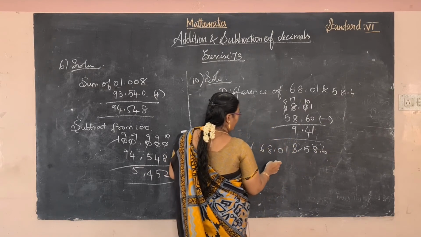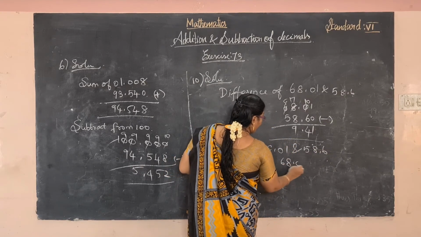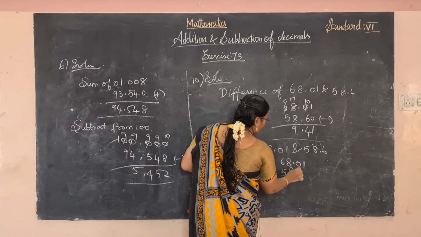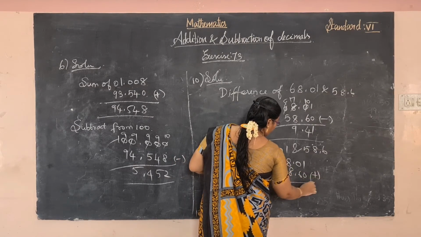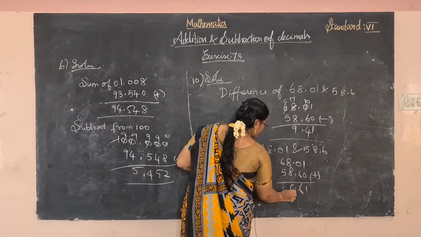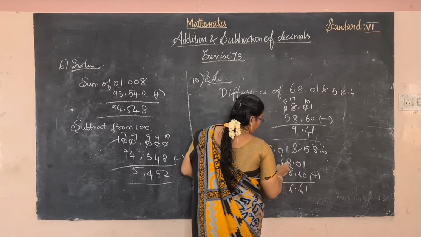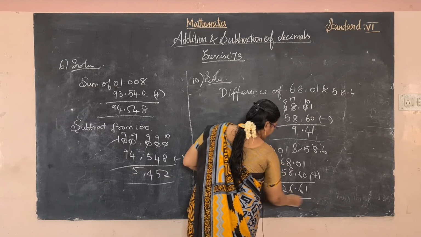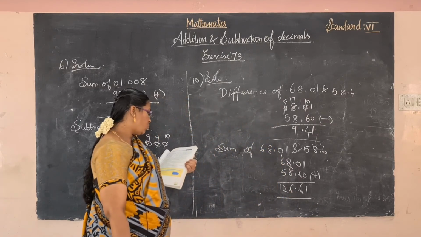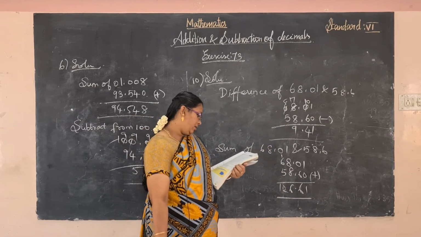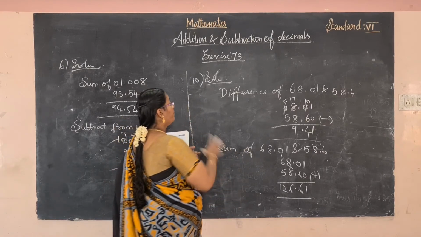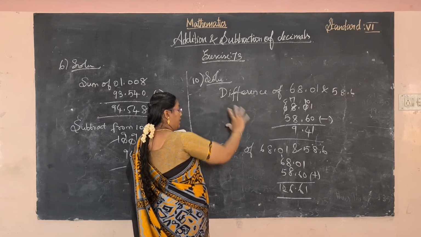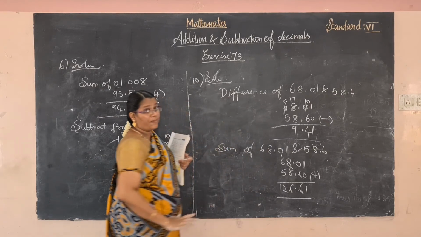So add the values. 68.01, 58.60. Add 1, 6, 16, 7, 12. 126.61. Okay. Subtract the difference from the difference.